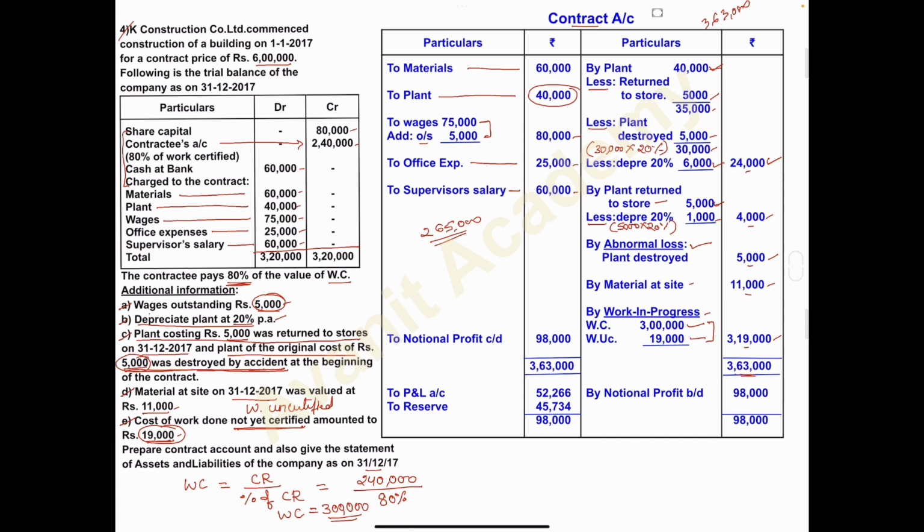So write here 3 lakh 63,000, and the same amount we will write on the debit side, 3 lakh 63,000.